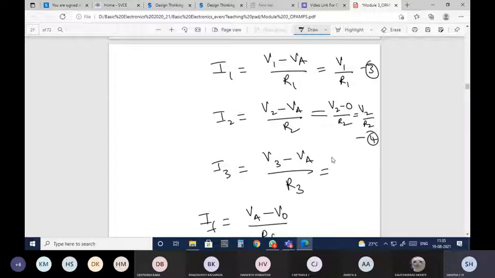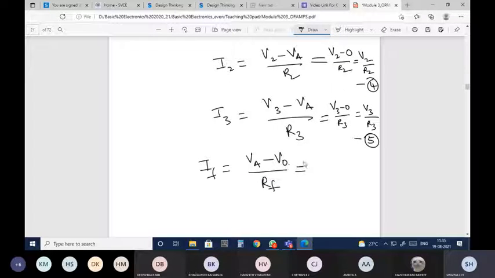Next, V3 minus 0 divided by R3 is nothing but V3 by R3. This is equation 5. Here again, VA minus V0, the VA value is 0, so 0 minus V0 divided by RF will be equal to minus V0 by RF. This I'll name as 6.